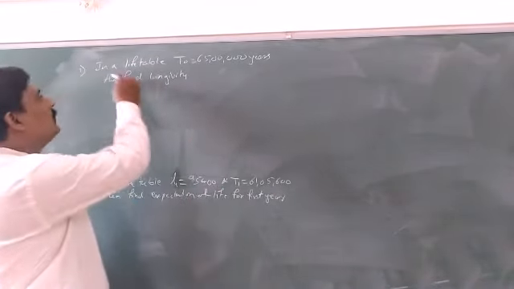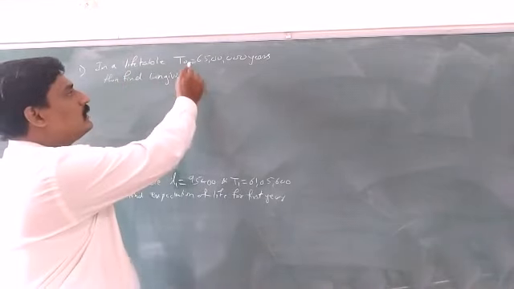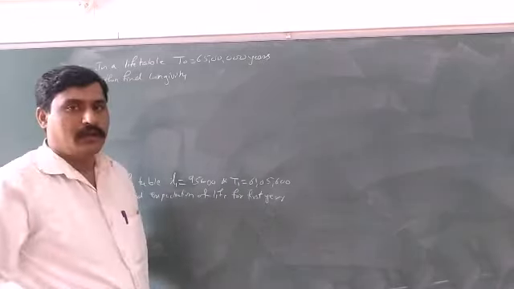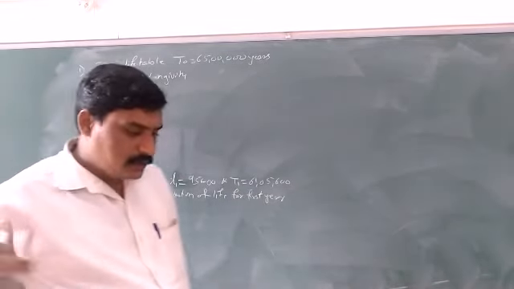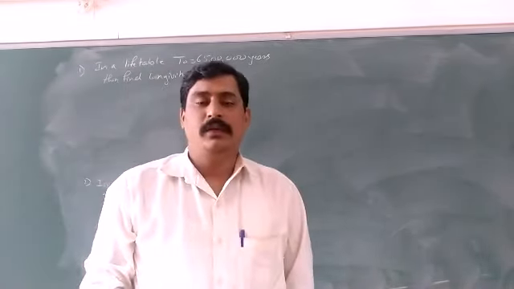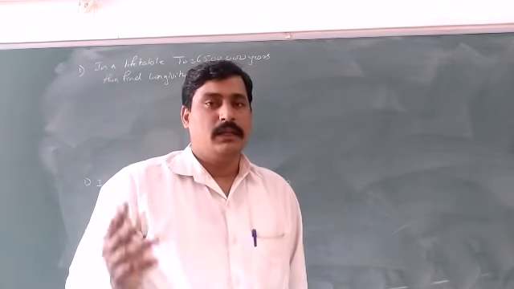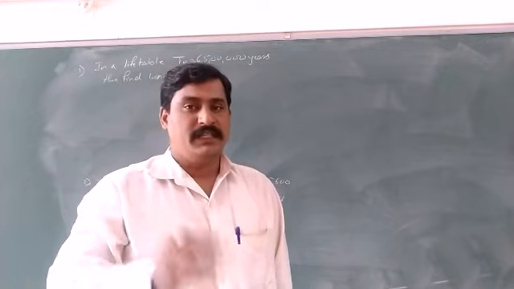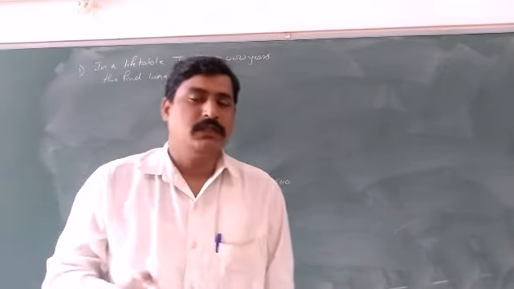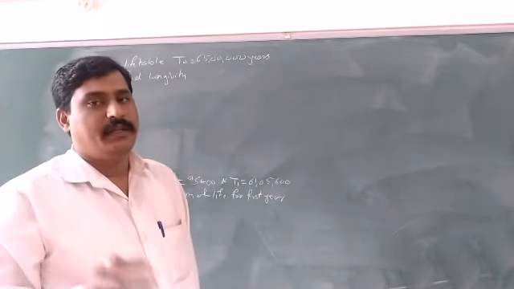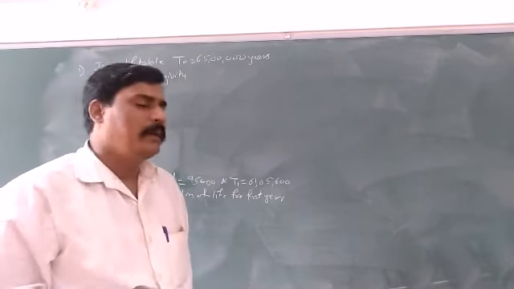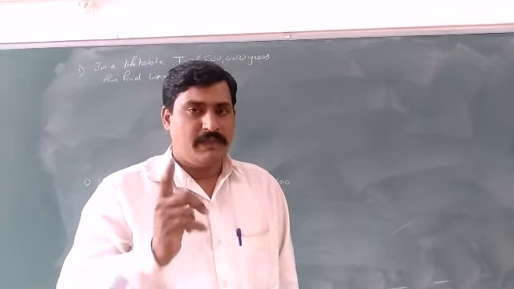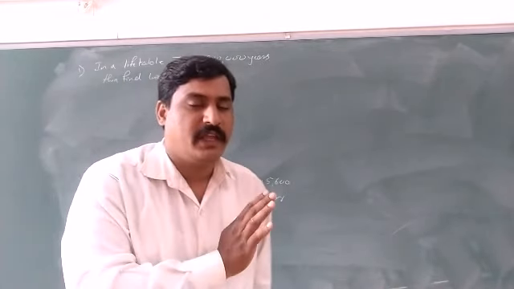First, in the life table, T naught is equal to 65 lakh years. Then find longevity. Here T naught is given. T naught means T for age 0, that is the beginning of the table. Always remember that L naught will always be 1 lakh if it is not given.